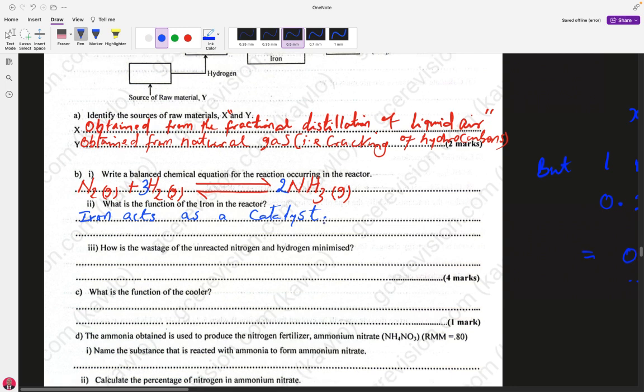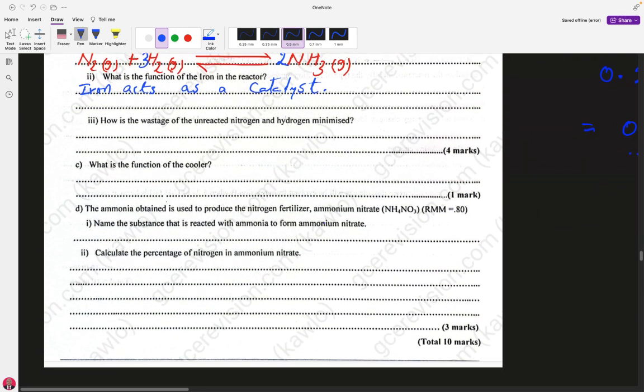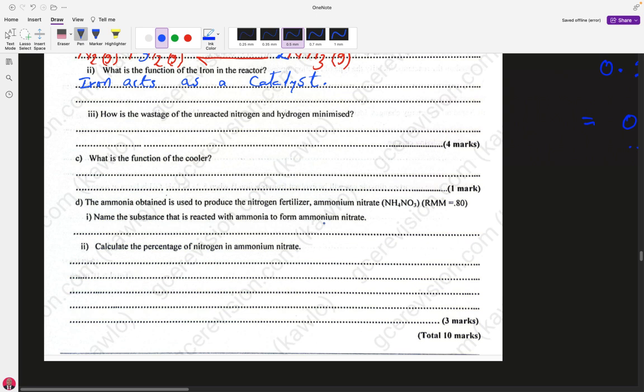So let's move to the third one. How is the wastage of the unreacted nitrogen and hydrogen minimized? The hydrogen that is not used, how do we reduce the wastage? How do we minimize it? You know, these are gases.